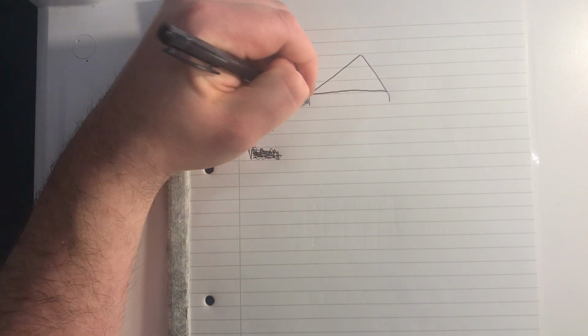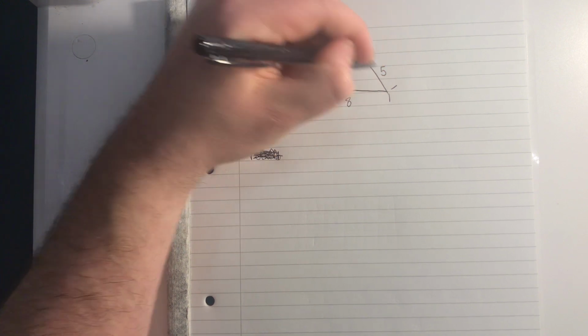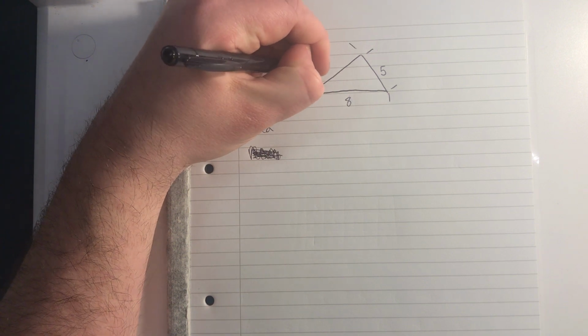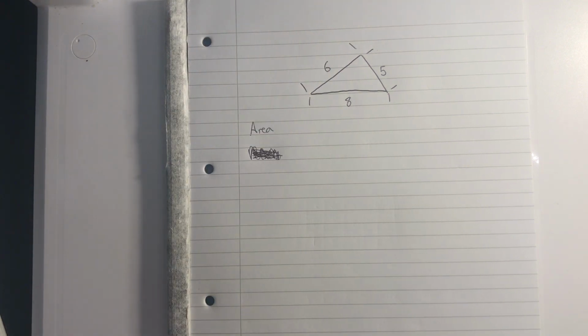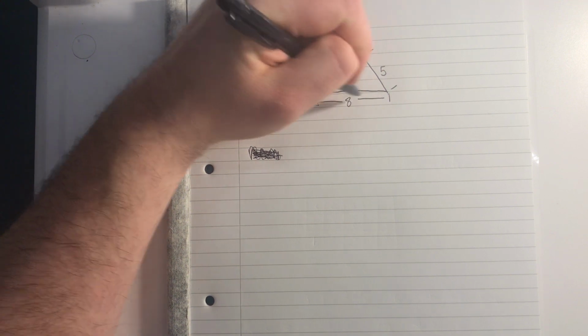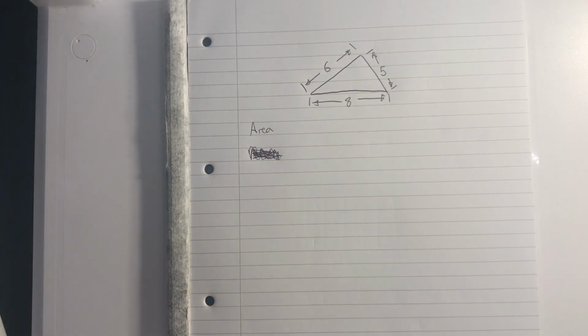So let's say that this distance here happens to be 8. This distance here happens to be 5. And this distance here happens to be, I don't know, let's say 6. Now, you might just think for a second why this distance here could not be less than 3.